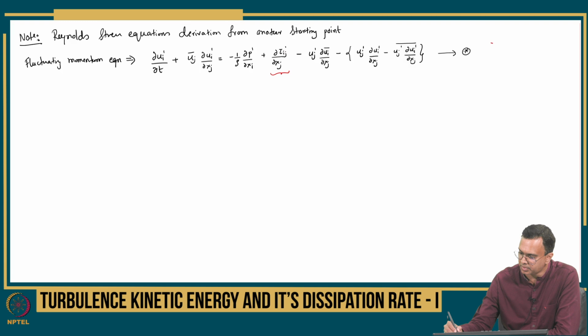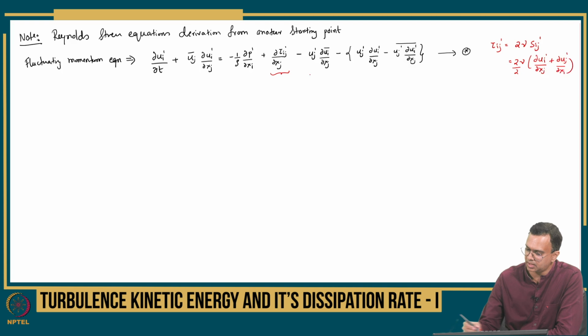So the tau ij prime here is nothing but 2 nu sij prime, that is ∂ui prime/∂xj plus ∂uj prime/∂xi. We used this, and then we said by continuity one of the terms will go away. So we already used this as a simplified term, and therefore fewer unknowns resulted.